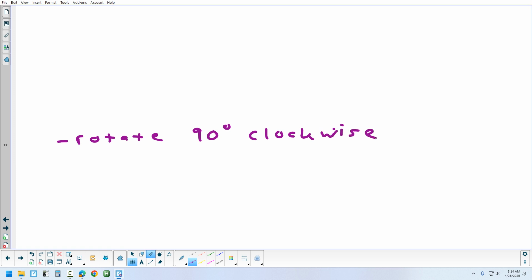So if I told you to rotate something 90 degrees clockwise, we don't have to figure out where it would be. What they ask you about is how you would undo that. How would you undo rotating 90 degrees clockwise? Like what would be the reverse? 90 degrees counterclockwise. As far as rotation, that's the only question on the MCAS that you need to know how to do.